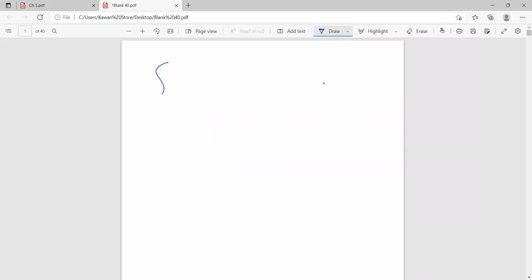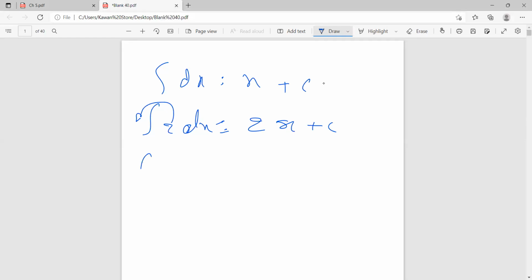We say if we have the integral of dx, directly it is equal to x plus c. Do you remember that? And also we say if we have a number, we forget about the number because the number is not a big deal. We are bringing it out and we have 2x plus c. Understood?